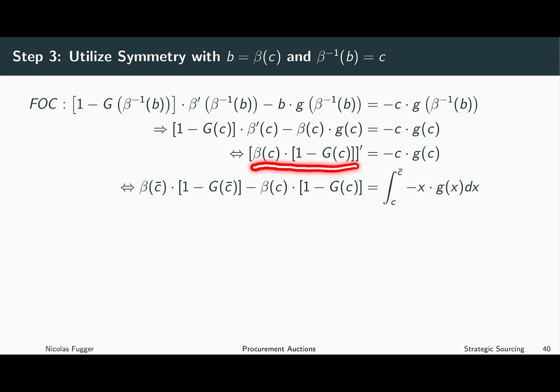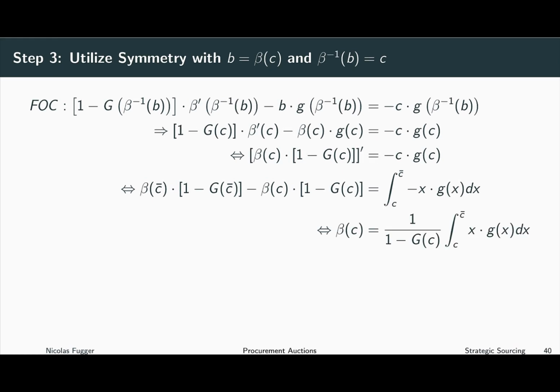If we plug it in here, we get beta of c upper bar times 1 minus g of c upper bar. And then we need to subtract the lower boundary, meaning c, and plugging it in, we just get beta of c times 1 minus g of c.